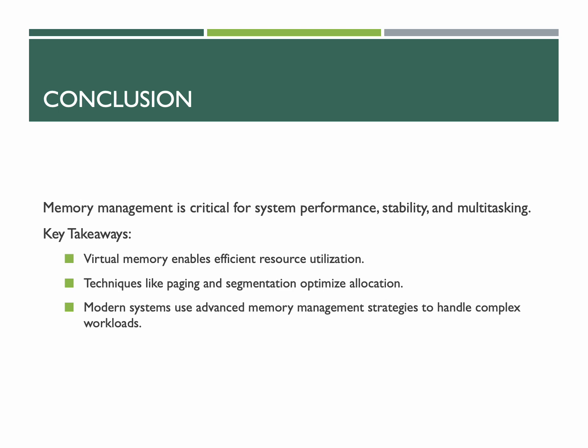So the key takeaways: virtual memory is the key function in every operating system, and techniques like paging and segmentation are also very important in every operating system. And systems like Windows, Linux, and Mac OS employ advanced techniques such as memory compression, protection mechanisms, and virtual memory to handle complex workloads efficiently.